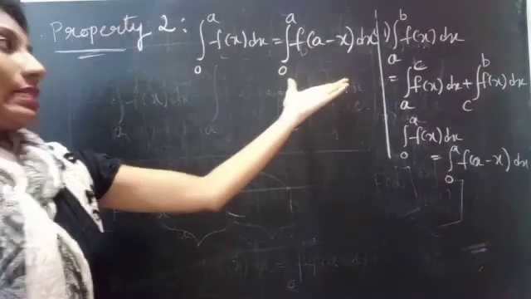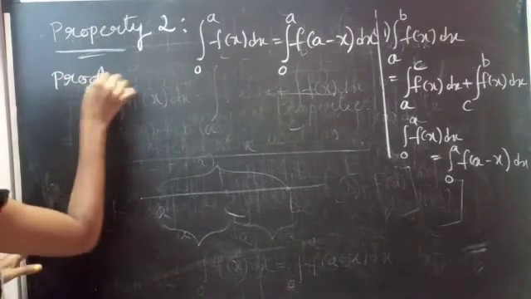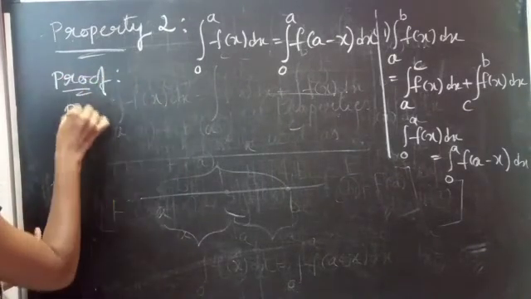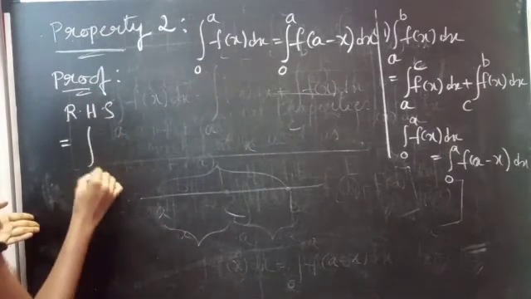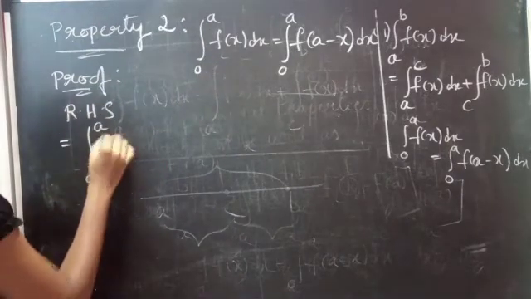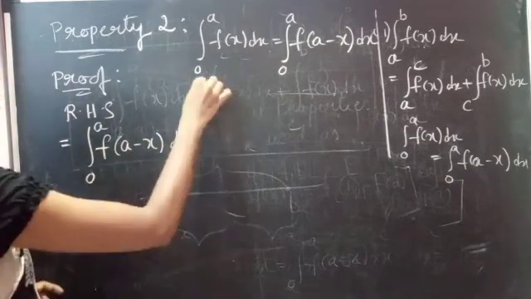So let's consider the RHS. Proof. RHS is equal to integral 0 to a f of (a minus x) dx.